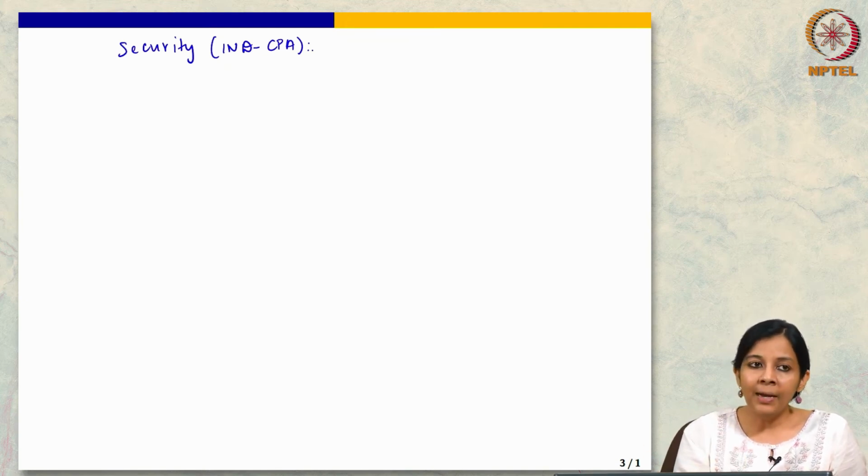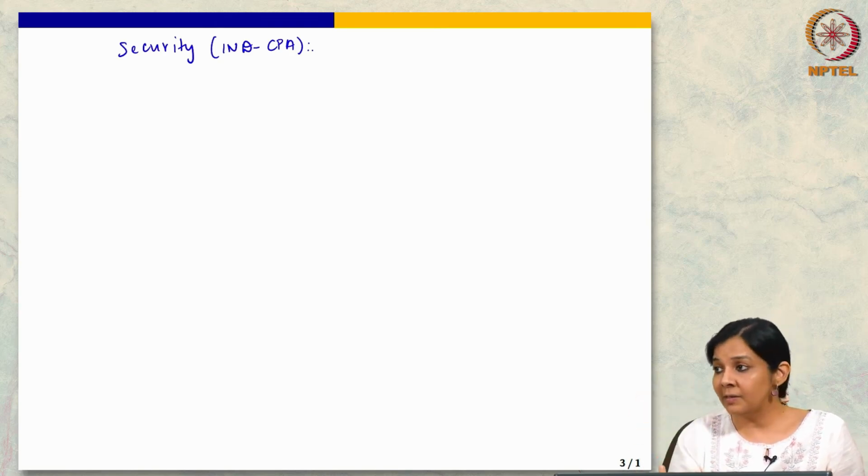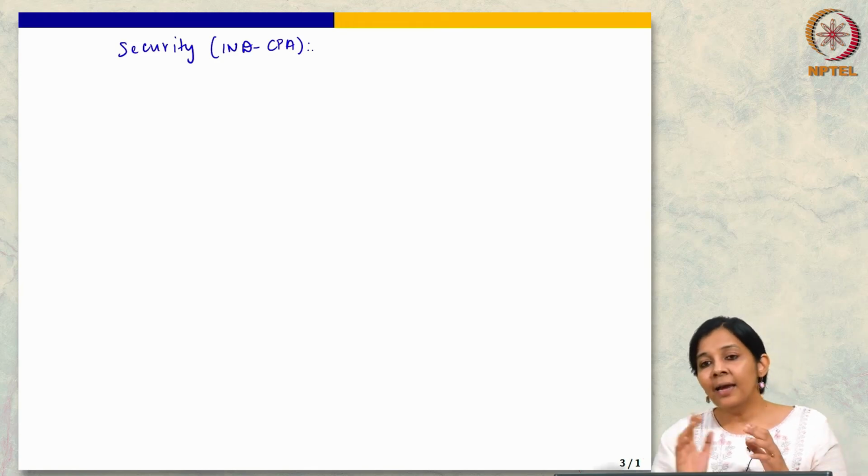Now in the public key setting, this particular oracle does not make sense because it is a public key scheme, so I can myself encrypt everything, but a decryption oracle makes sense, that maybe as an adversary I am given access to some oracle that decrypts for me the messages that I choose. Does that make sense?